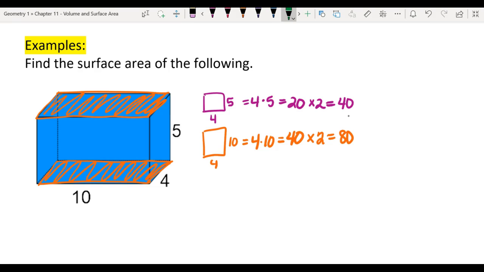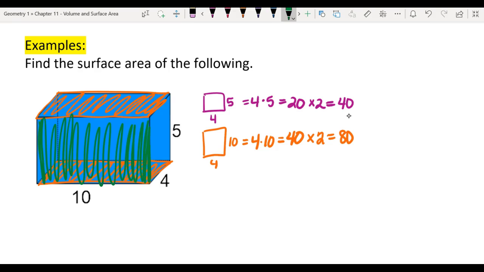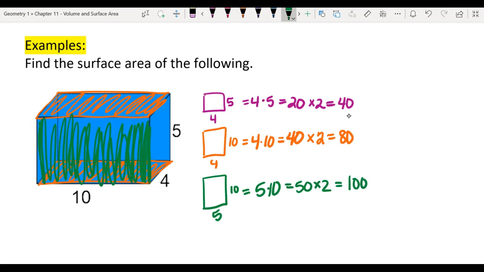So let's do the front and back now. Here's my front, highlighted in green. The back, if I highlighted that, you wouldn't really see it. The dimensions of your front and your back are 10 by 5. 5 times 10 is 50, and there are 2 of those, which means the front and the back is 100.